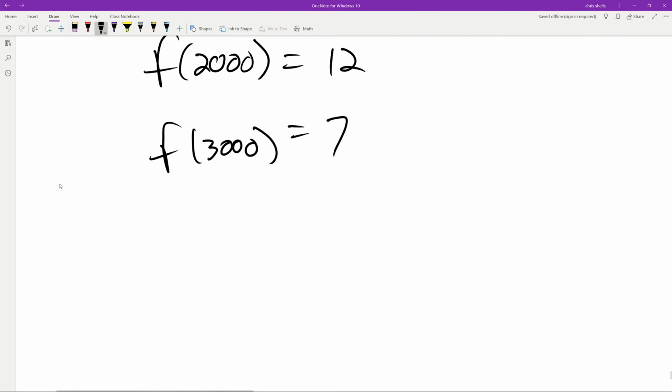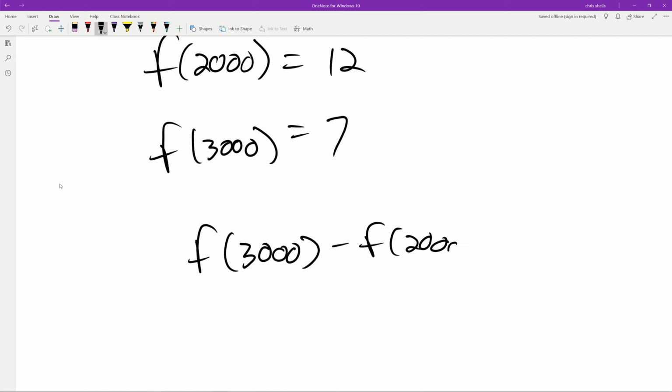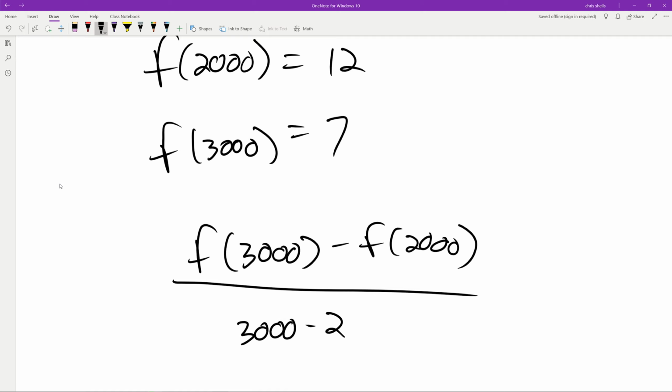So then I can say, let's have F of 3,000 minus F of 2,000 divided by 3,000 minus 2,000, and this will be my rate of change, M. Well, F of 3,000 is 7, F of 2,000 is 12, so this is 7 minus 12 divided by 3,000 minus 2,000 is 1,000.